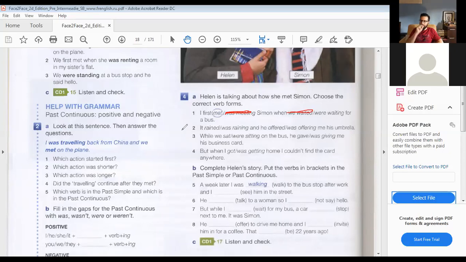Okay, very nice. Can you do number 2? It rained. Number 2, it rained. But yeah, it's always best if you read the whole sentence, and then it's easier for you to decide. It rained or was raining, and he offered or was offering me his umbrella.